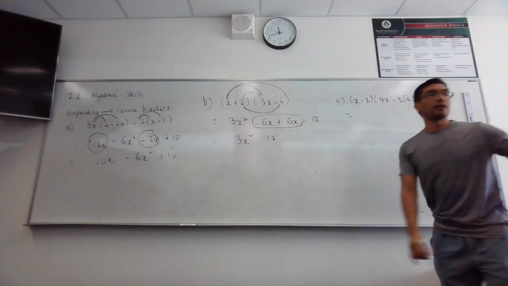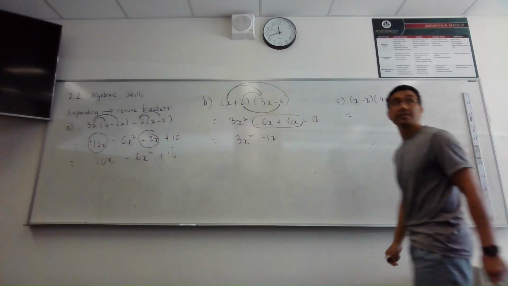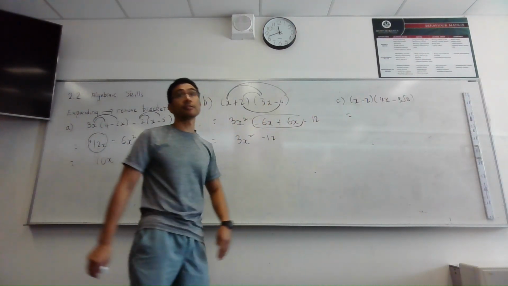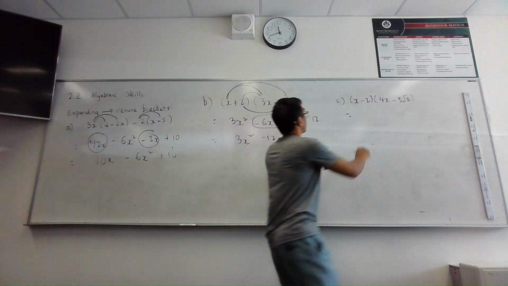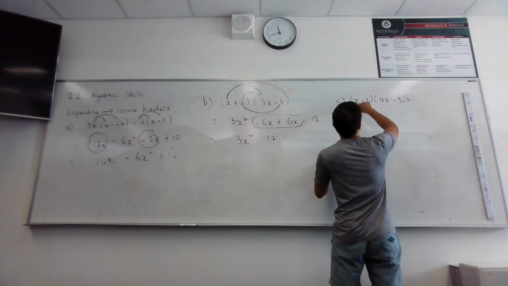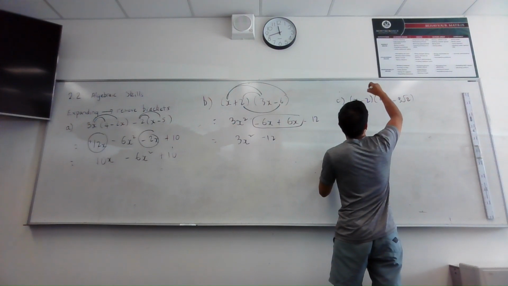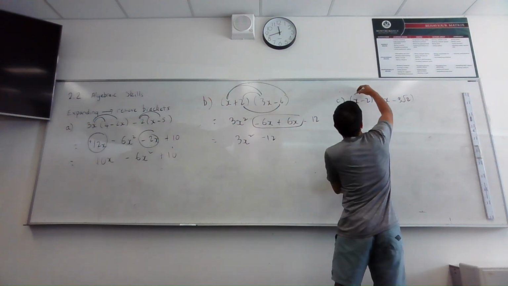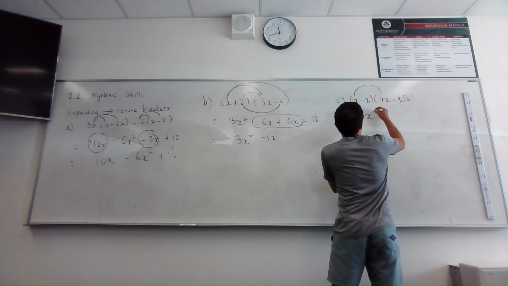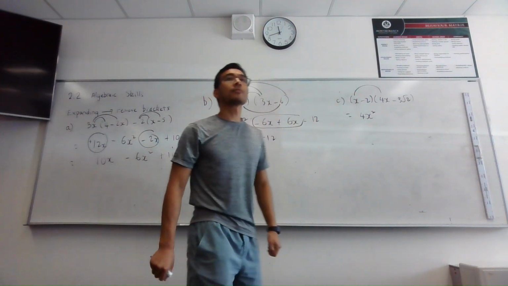Okay. Tim, can you walk me through question C, please? What's going to go first? 8x squared, are you sure? Let's do F first, Tim. 4x squared, thank you. And next one?